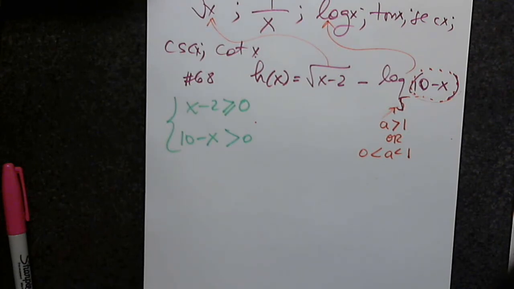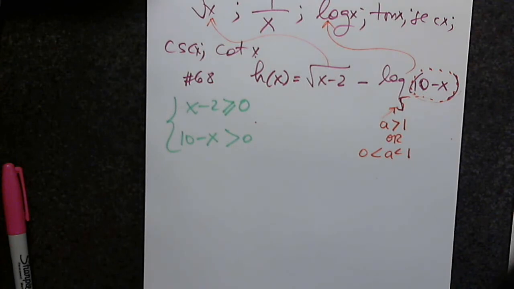Because at x equals 0, the log function has a vertical asymptote. It's not defined. So if you ever have any doubts, go to your calculator and put log and put 0, close the parenthesis. What do you think you're going to get? Undefined or error. It's going to scream at me.